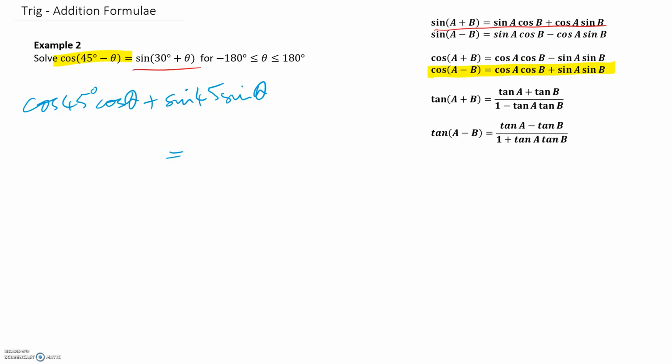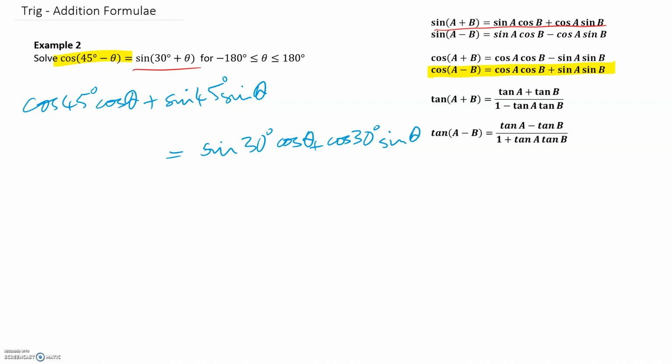So the right hand side would be sine 30 cos theta plus cos 30 sine theta.